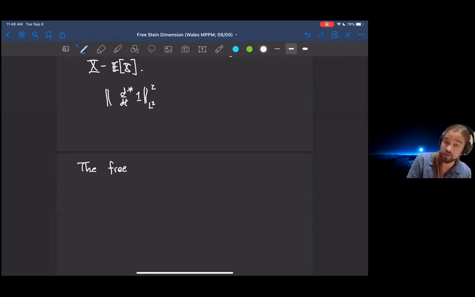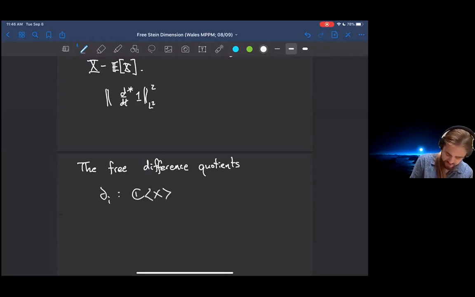Everything I've said so far goes back to Voiculescu in 97 or 98, his fifth free entropy paper. The free difference quotients. So what are these? These are derivations defined on the algebra generated by x1 through xn, which take values in its tensor square.